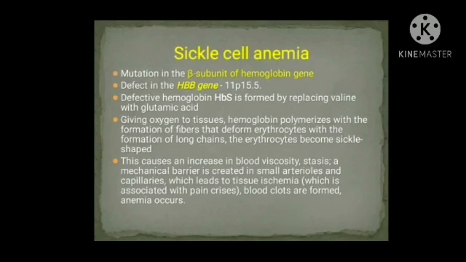Instead of giving oxygen to tissue, hemoglobin polymerizes with the formation of fibers that deform erythrocytes, with the formation of long chains. The erythrocytes become sickle-shaped.